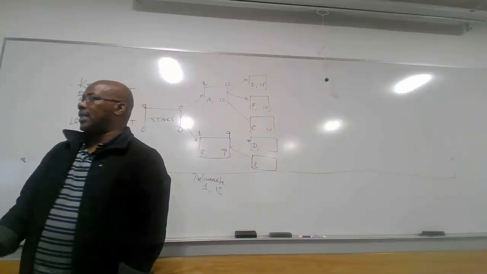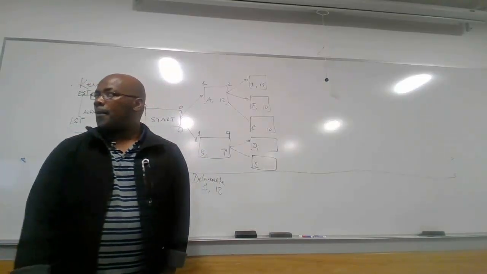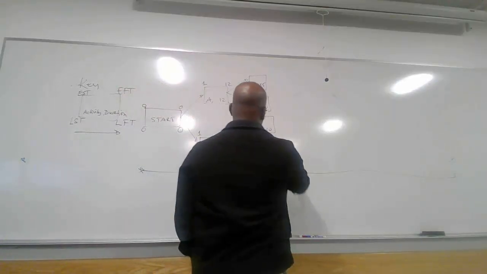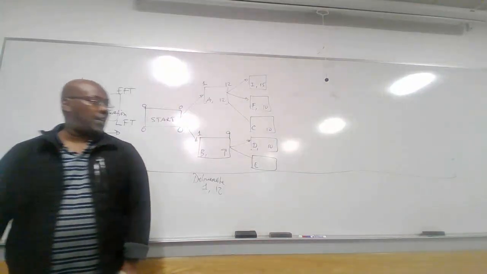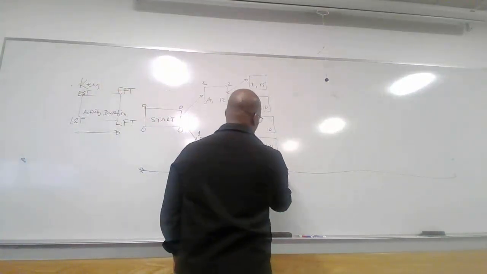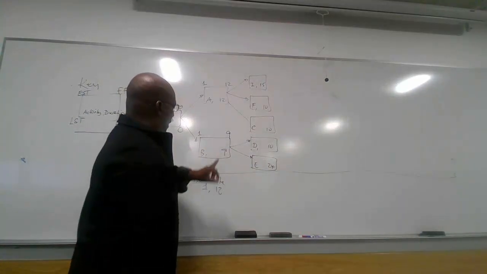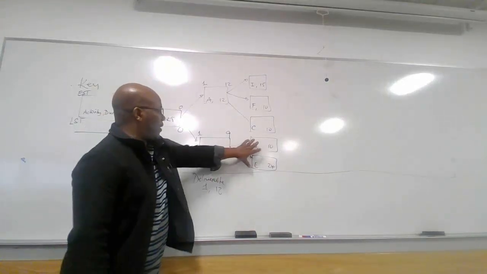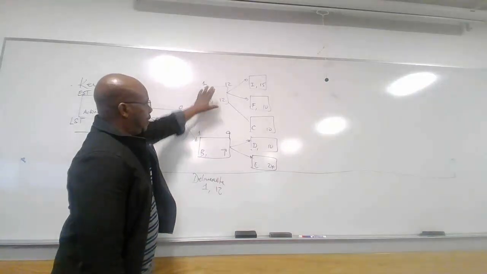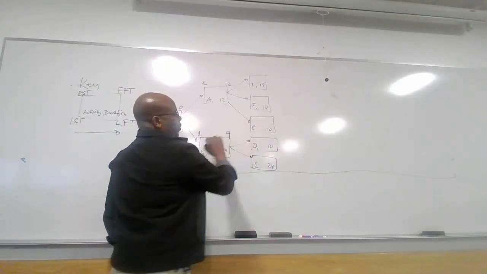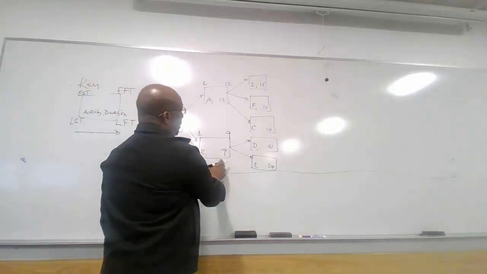And E, we have 24 weeks. So these are the successors of B, and those are the successors of A. And they should start when A is completed and when B is completed.